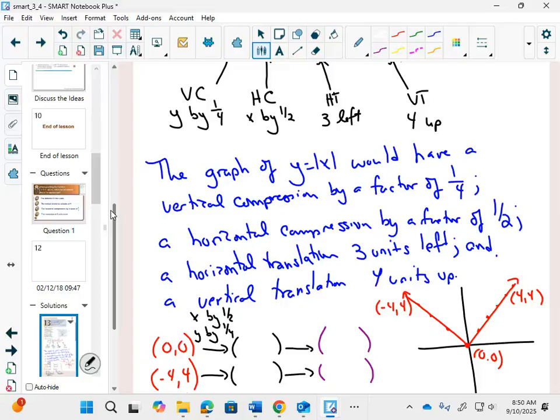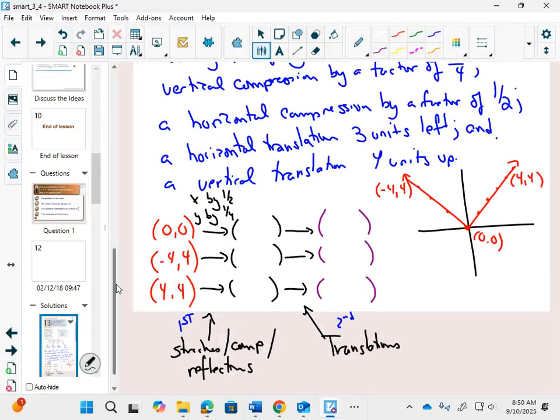You do the wrong thing to the wrong number, your answers are going to be completely off. And it's very easy to do. So if I multiply all my x's by half, I'll have 0, -2, and 2. If I multiply all my y's by a quarter, I still have 0, I have 1, and I have 1.